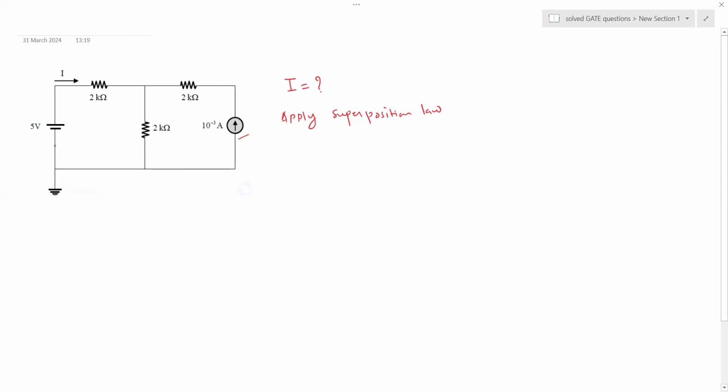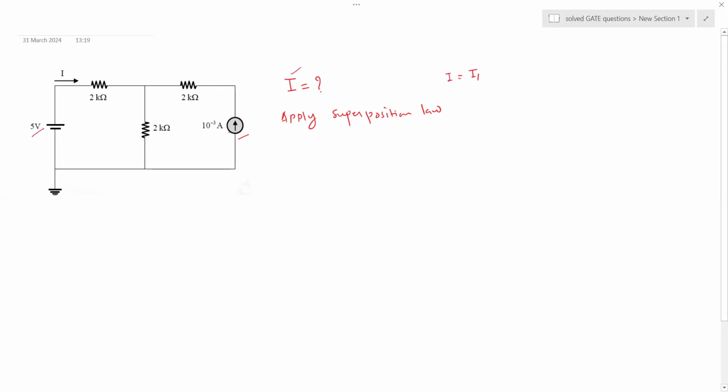For example, in the first analysis, the 5 volt source is active while the current source is inactive. Then I will calculate the value of I and call it I1.